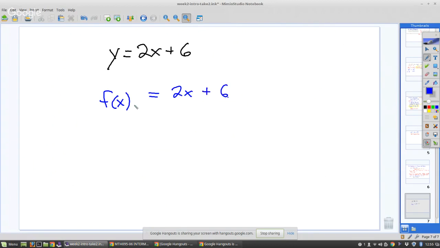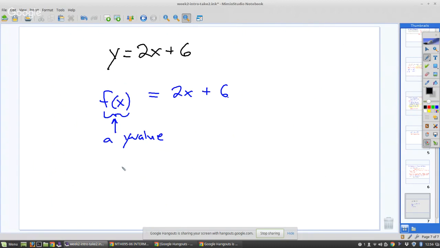So all that means is f of x is a y value, and that when you plug in an x value, you get a unique answer, if you get an answer at all. Sometimes you don't get an answer. We'll look at that later.